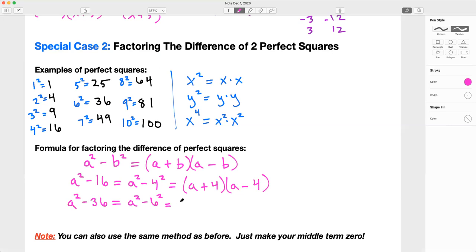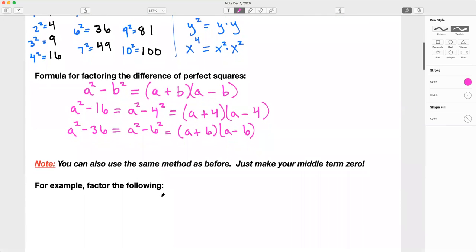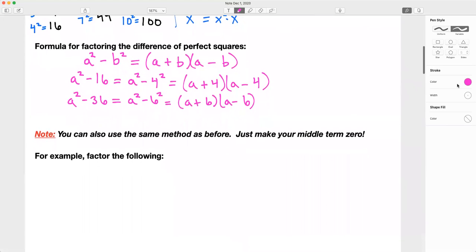And then we would just write it like this: a plus 6, a minus 6. And we're done. It's factored. We didn't have to go through that whole thing that we learned before because this is a special case. When you can identify special cases, it just makes it that much easier to factor things. But if you want to do it the old way, you can. So let me show you how to do it the old way.